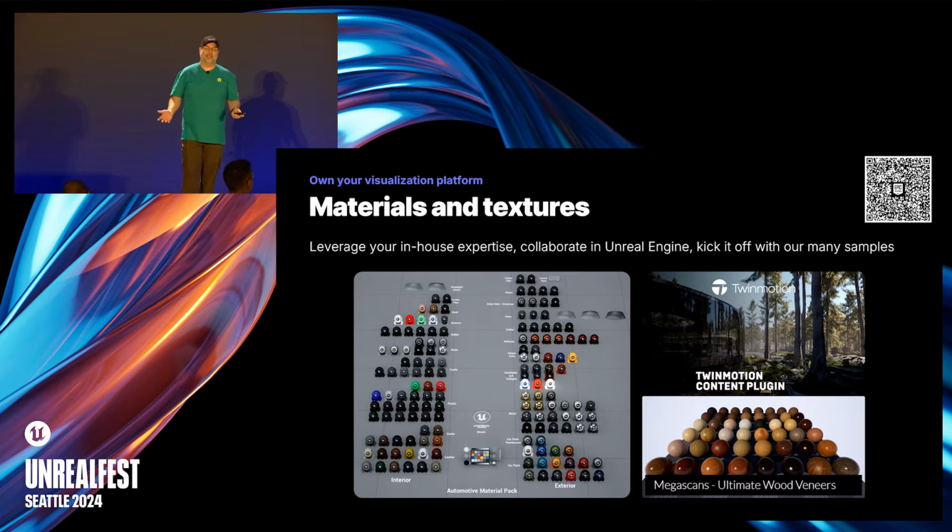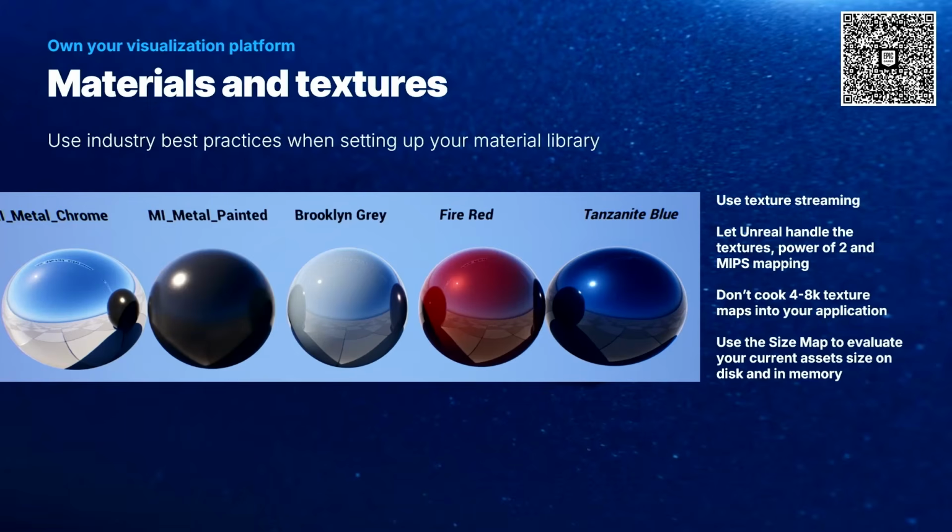Check out the Megascans assets in the marketplace, soon to be Fab. And sure, look at the Twinmotion content plugin, as it has a lot of really great resources in there to start building the foundation of your material library.